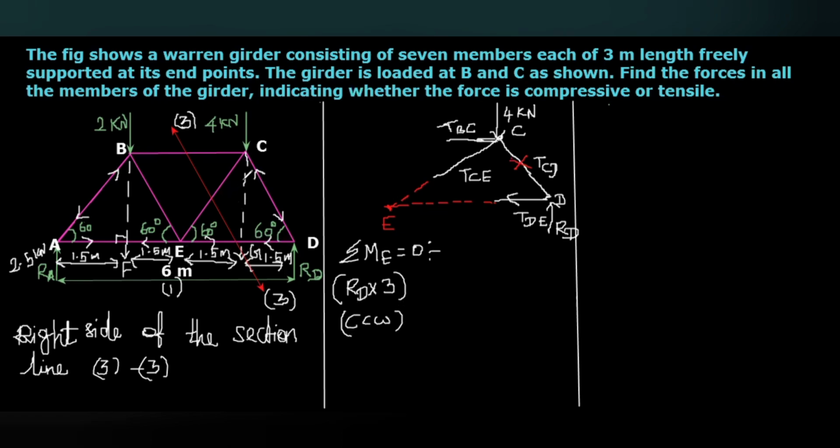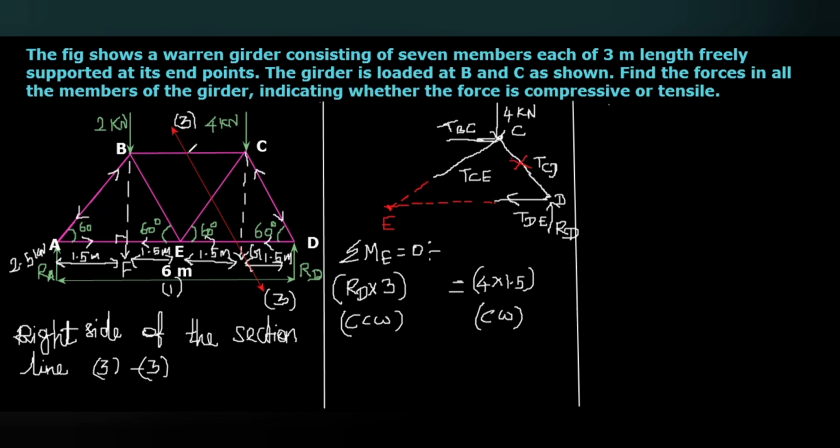Then here the 4 kilonewton is acting, so 4 into 1.5 from E. That is this side, 4 into 1.5, and this is in clockwise direction.